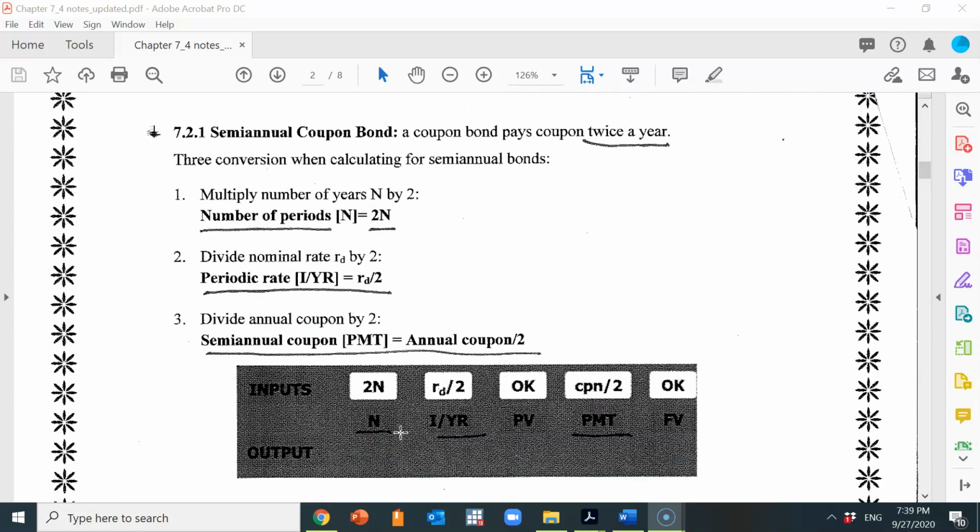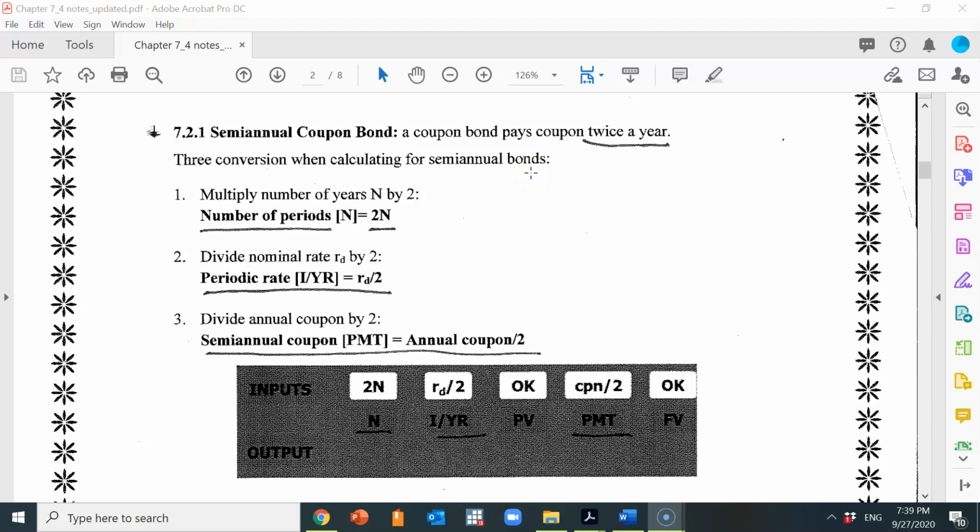Let's first look at how we can price a bond with semi-annual coupon payments. We call a bond a semi-annual coupon bond if the coupon paid by the bond is twice a year, instead of once a year. There are 3 conversions we make when we calculate for semi-annual bonds.